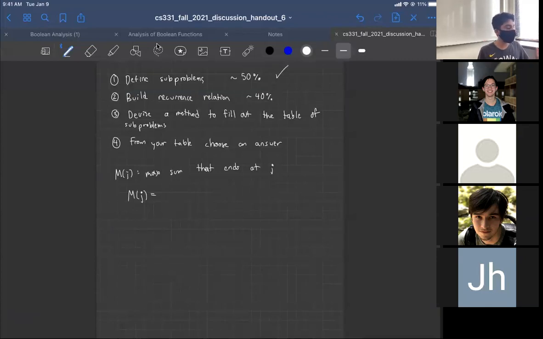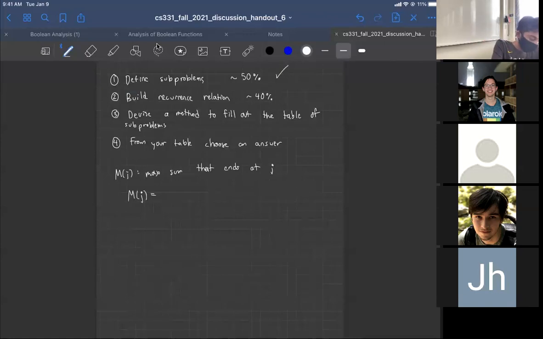So what happens if we do include the jth element? How is it dependent on the previous subproblems? The maximum subarray sum that ends at j is the maximum sum that ends at j minus 1 plus the jth element. Does that make sense? If we include this jth element, then we had also better include the maximum subarray of everything that comes before it.